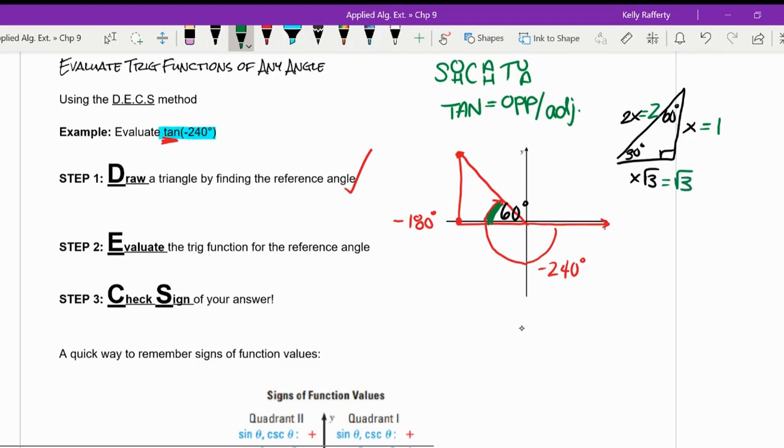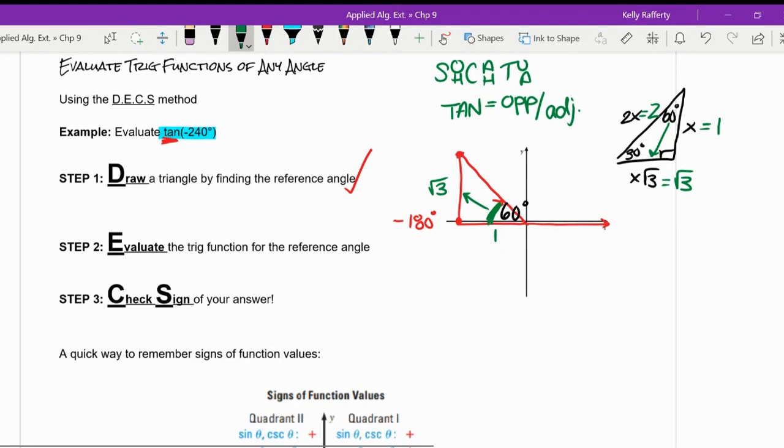I'm going to use these values instead of variables to make this more manageable. At 60, I go to the opposite side. Opposite 60 is root 3. And I need my adjacent side. Here's 60, the adjacent side is a 1. I'm going to erase some of this stuff to clean up a little bit.